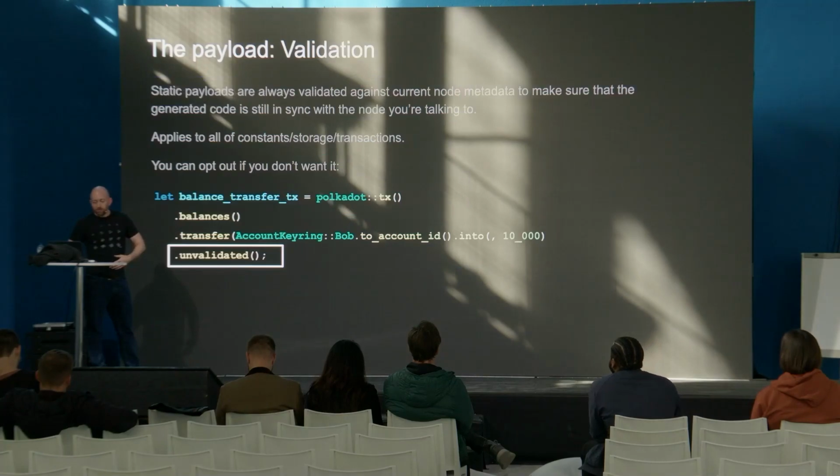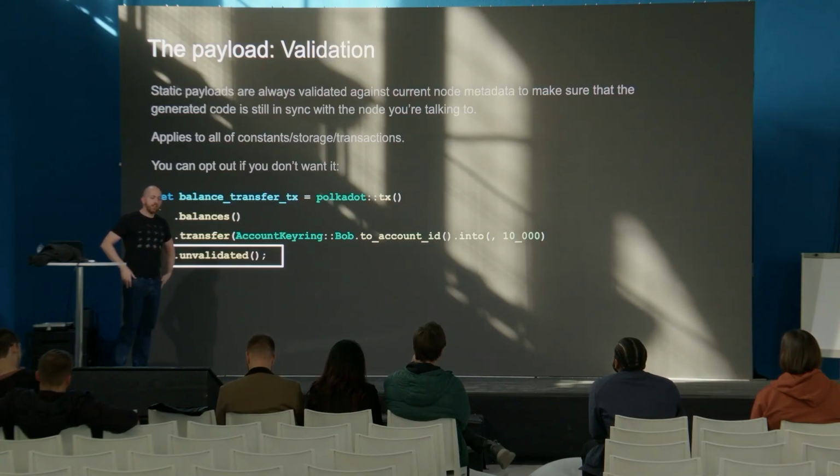And so something we do is validation on all of our static payloads. When you construct any kind of transaction, any kind of storage request, constant request as well, I think, they basically all are validated by default under the hood when you try submitting them.